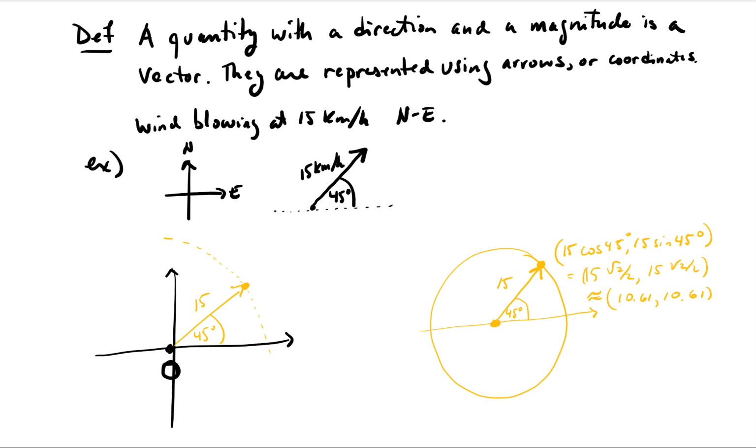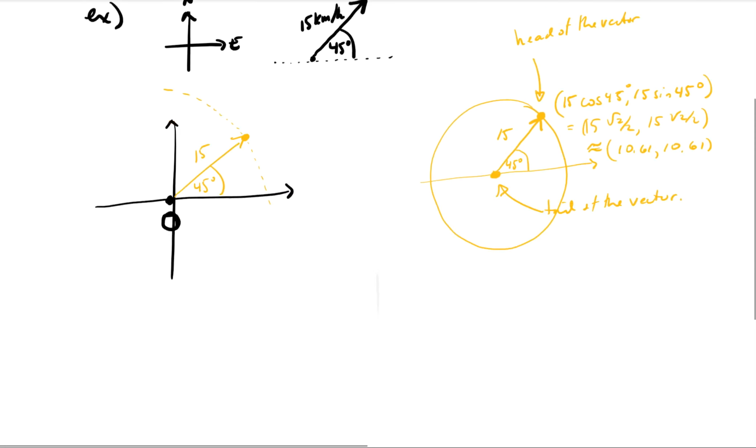So this is called the head of the vector, and this is called the tail of the vector.